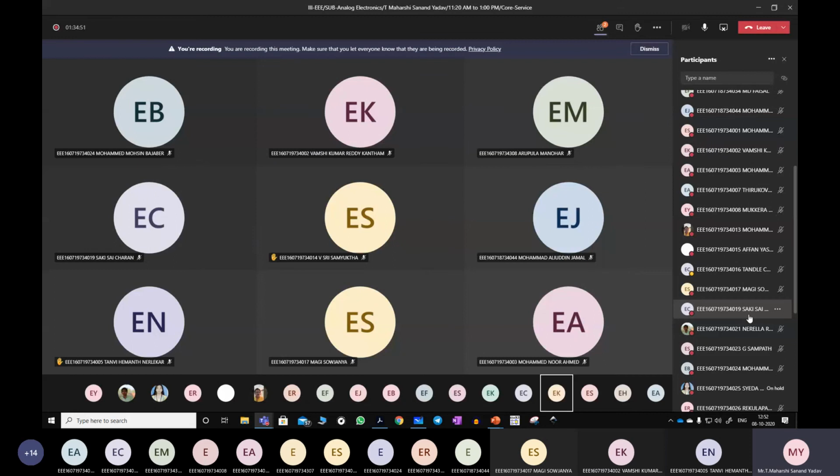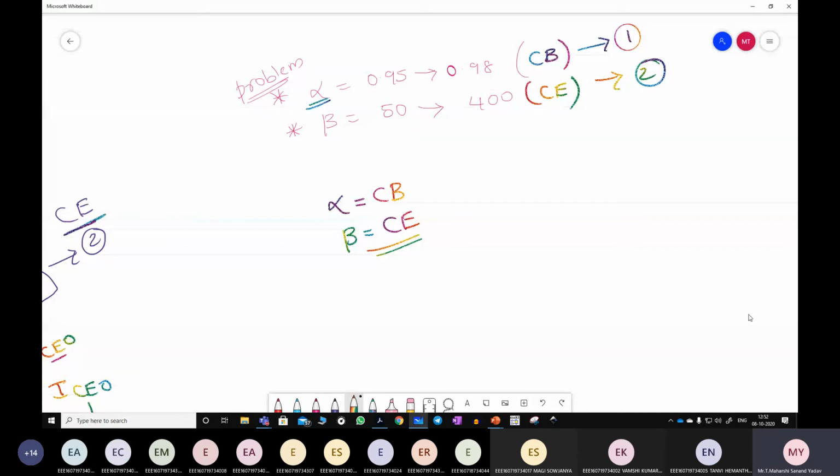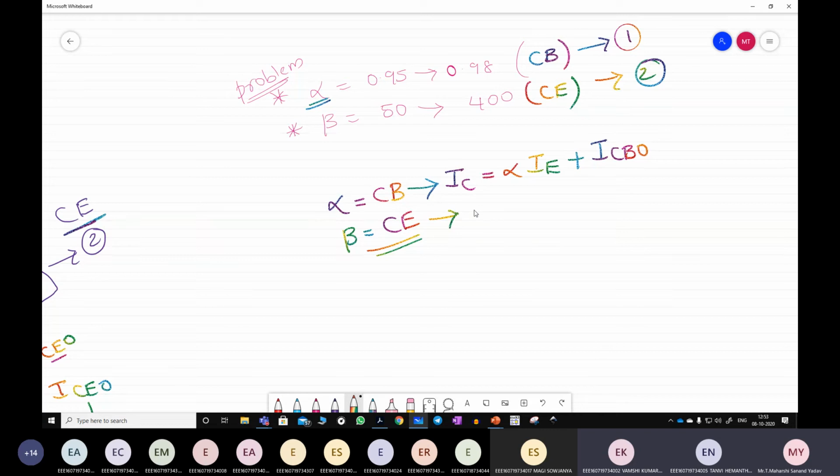Next, roll number 19. You tell me the relation for common base. What is the output? IC is equal to alpha IE plus ICBO. Okay. Next, you tell me for beta. Output current IC is equal to?